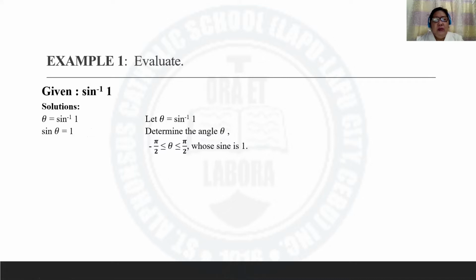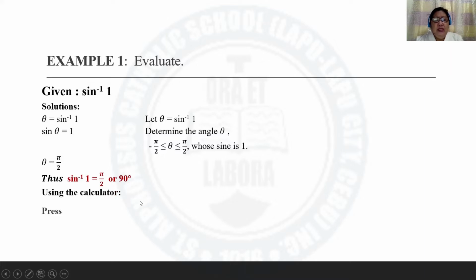We have to determine the angle, between or equal to negative pi over 2 and positive pi over 2, whose sine is equal to 1. The value of theta is pi over 2. Thus, sine to the negative 1 of 1 is equal to pi over 2, or simply 90 degrees.